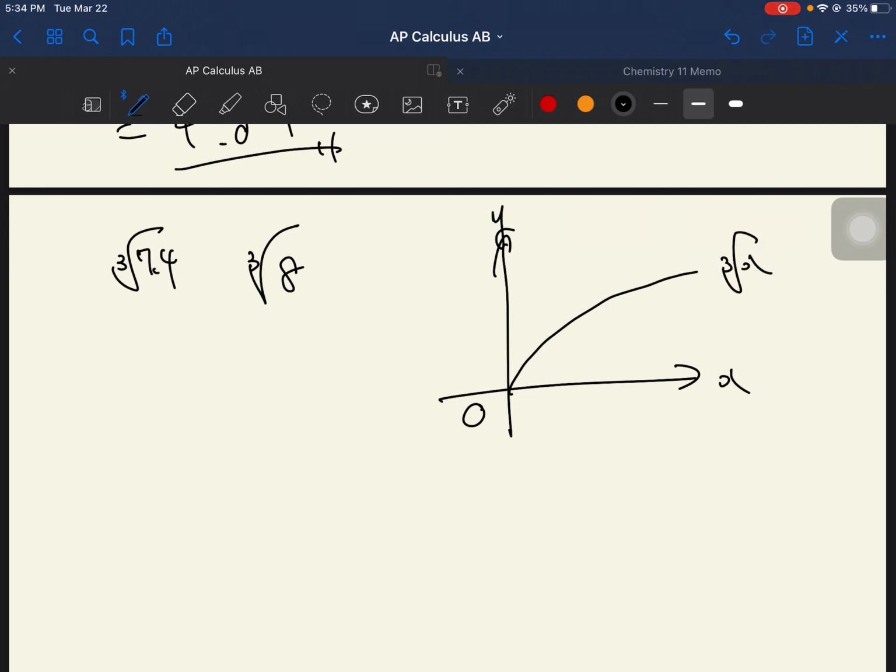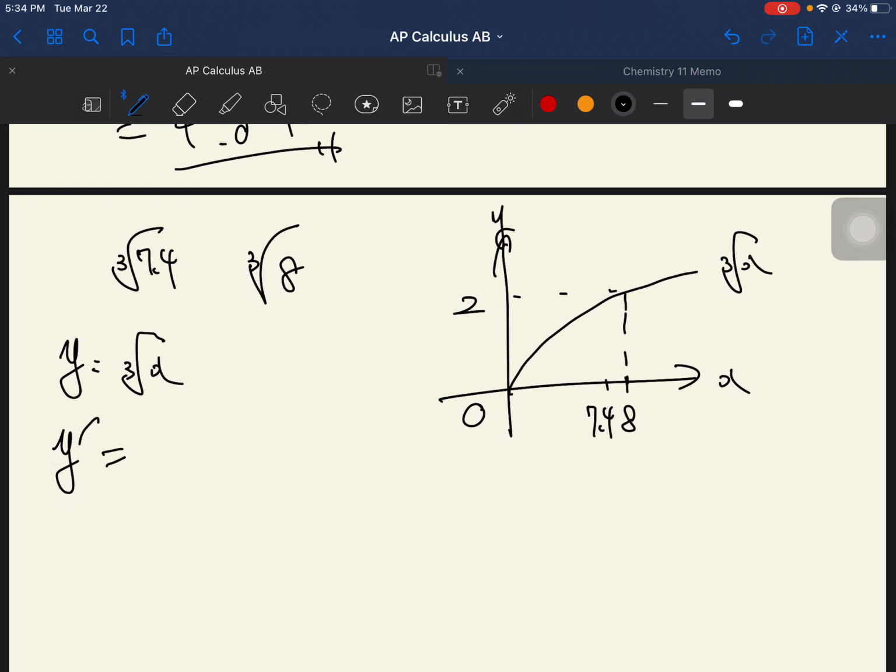So let me sketch the graph like this. Let me put y equals third root of x, and probably you can find when x equals 8, the y value is 2. So again, what you would do is find the value when x equals 7.4.